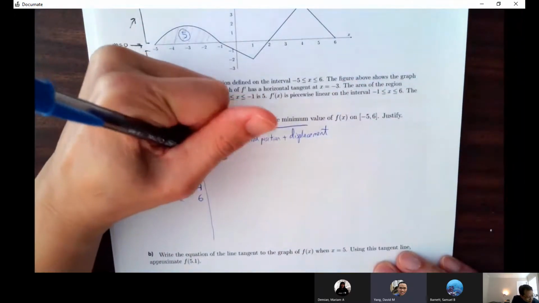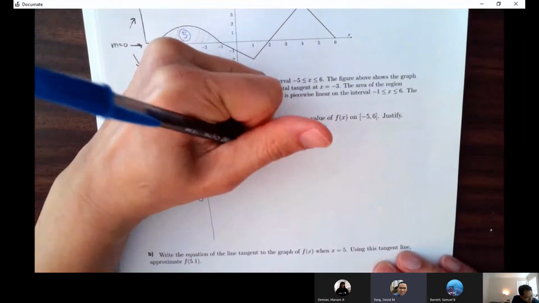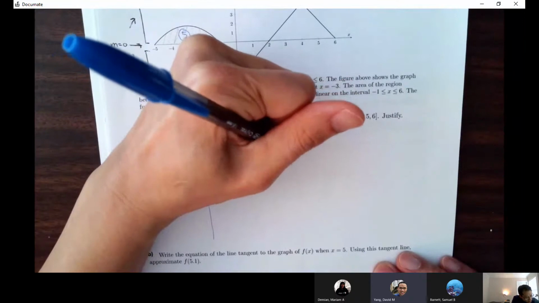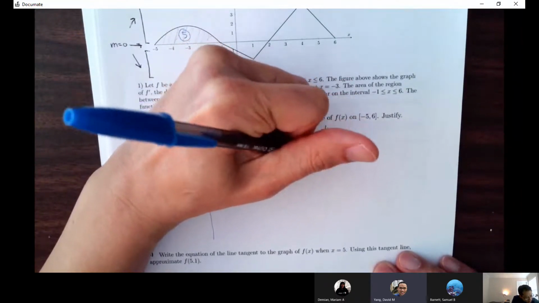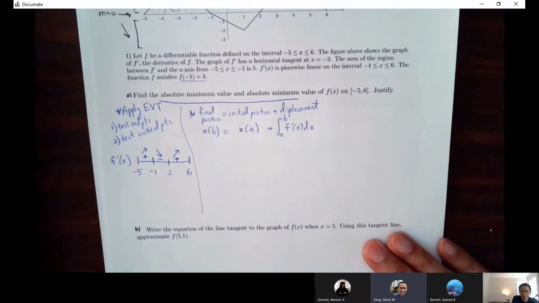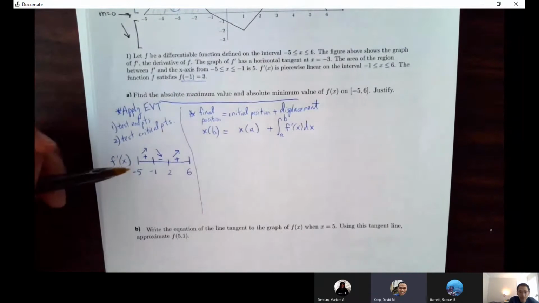So x of b is equal to x of a plus the integral from a to b of f prime.